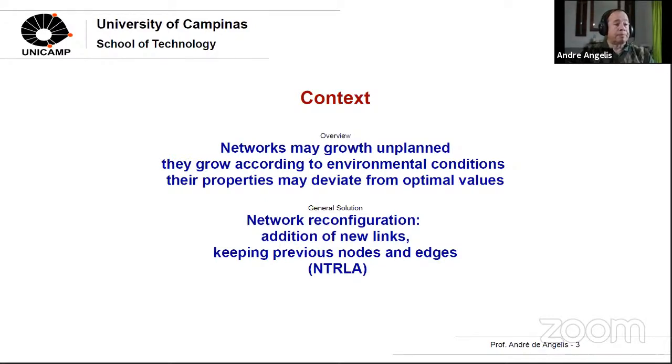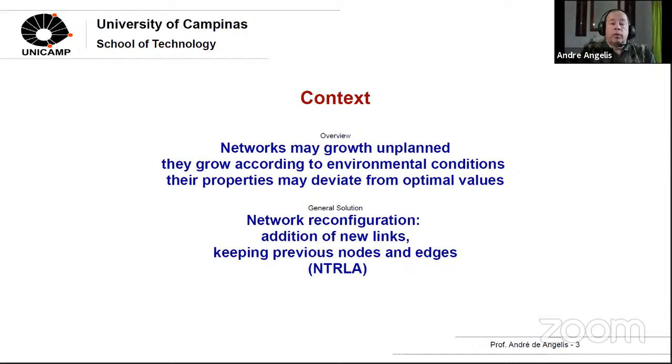I would like to show you the context of our research. Networks may grow unplanned, and usually they do. They grow according to the environmental conditions they find in different domains. In this process of growing, most of the time the networks change their properties and may deviate from optimal values.